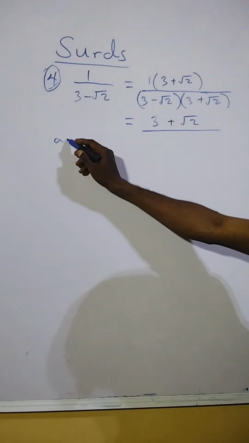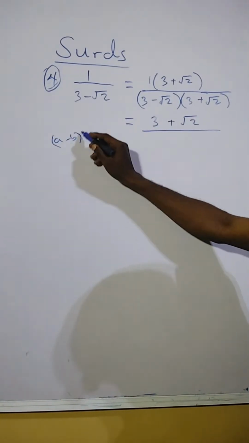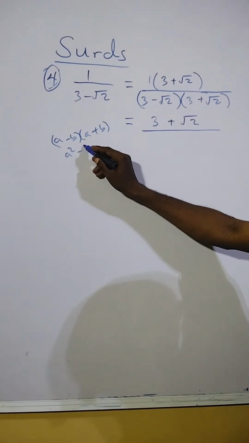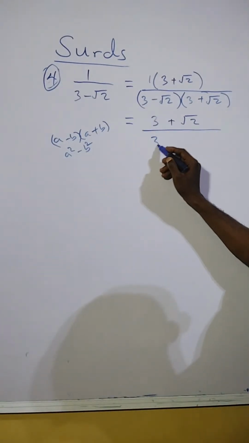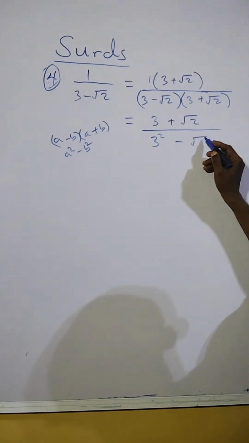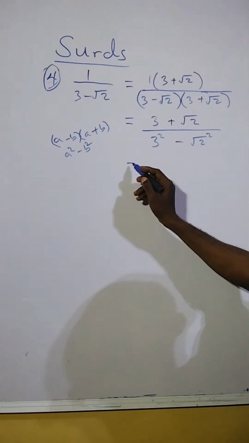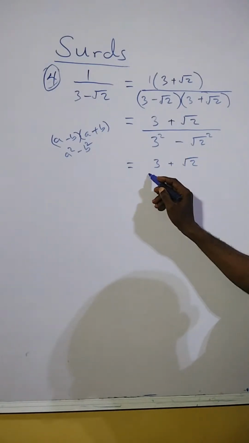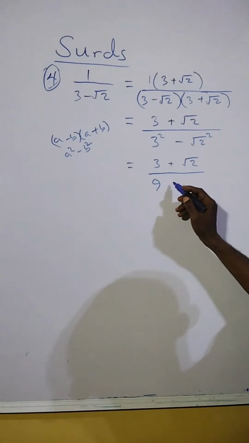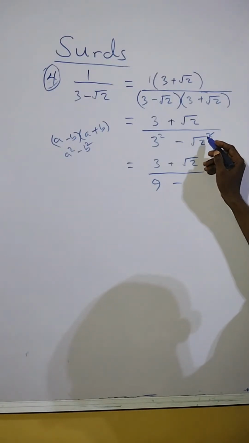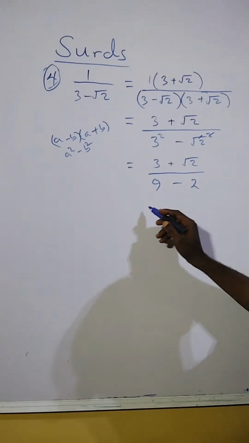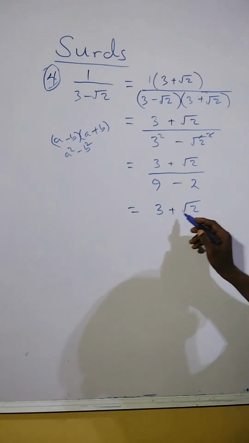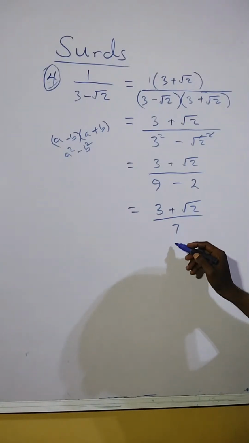which follows when we have a minus b into brackets, a plus b, which is the same thing as a square minus b square. Here we have 3 square minus root 2 square, which implies we have 3 plus root 2 over 3 square, that's 9, then minus root 2 square, square cancels square root, we have 2. That is 3 plus root 2 over 9 minus 2, 7.